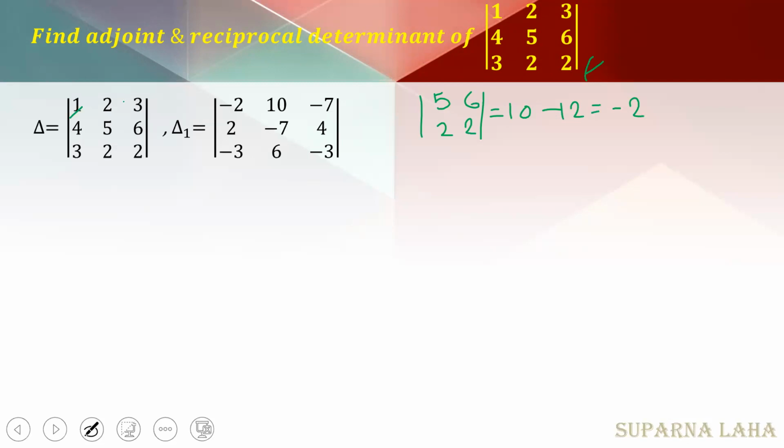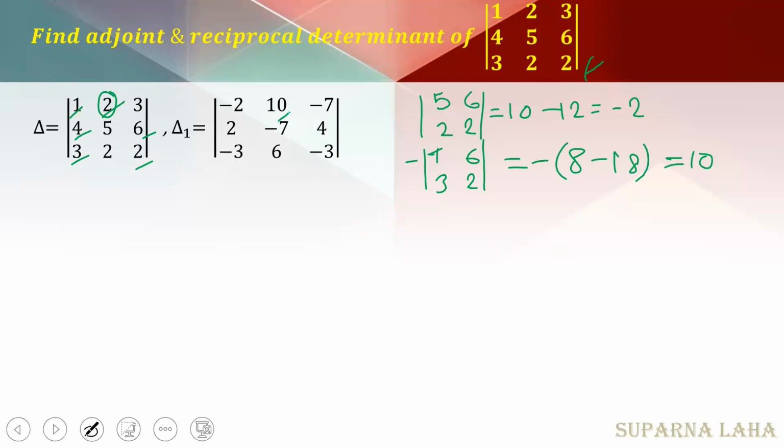Now the cofactor for this element 2 will be firstly minus, and then 4 6 3 2. So minus of 4 2s are 8 minus 18, that is minus 10, and minus of minus 10 is plus 10.